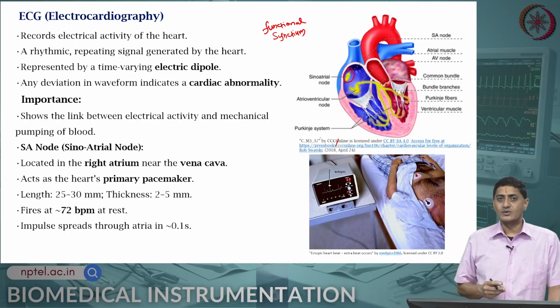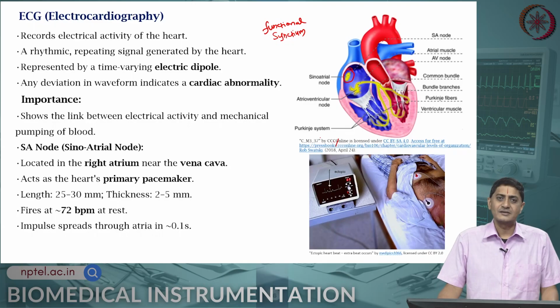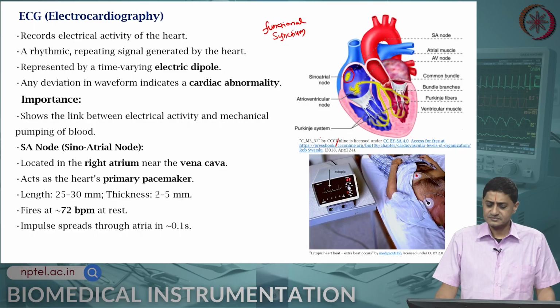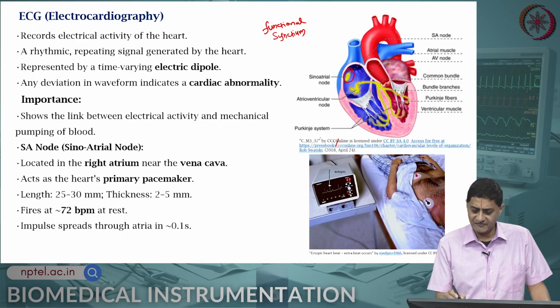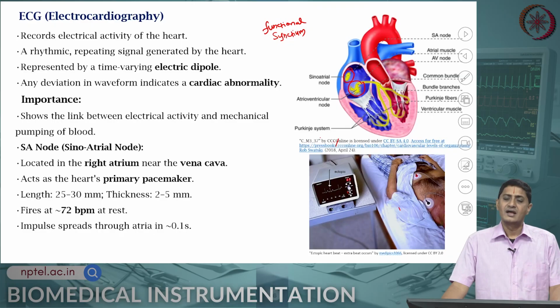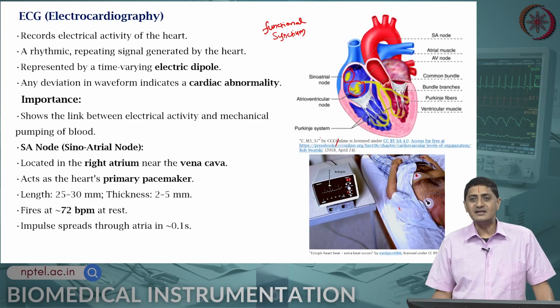From the sinoatrial node, conducting fibers conduct to the atrioventricular node, or the AV node. There is a brief pause at the AV node to wait for the ventricles to be completely filled up. So, there is a delay.